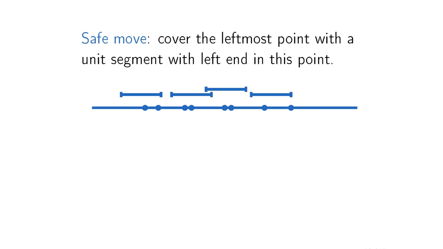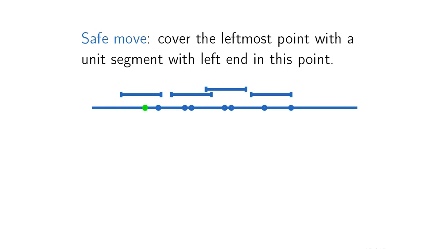To prove that this is really a safe move, we need to prove that there exists an optimal solution with the minimum possible number of unit length segments such that one of the segments has its left end in the leftmost point. Let's prove that. To do that, let's consider any optimal solution of a given problem with the given points.